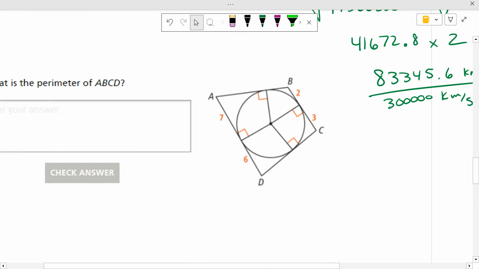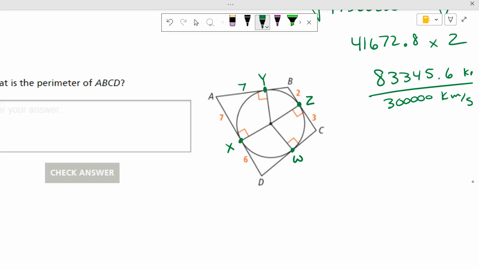All right. Here's a little easier problem. Let's make this x, this y, this z, and this w. If AX is 7, how long's AY? 7. They come from the same point. If BZ is 2, how long's BY? 2.